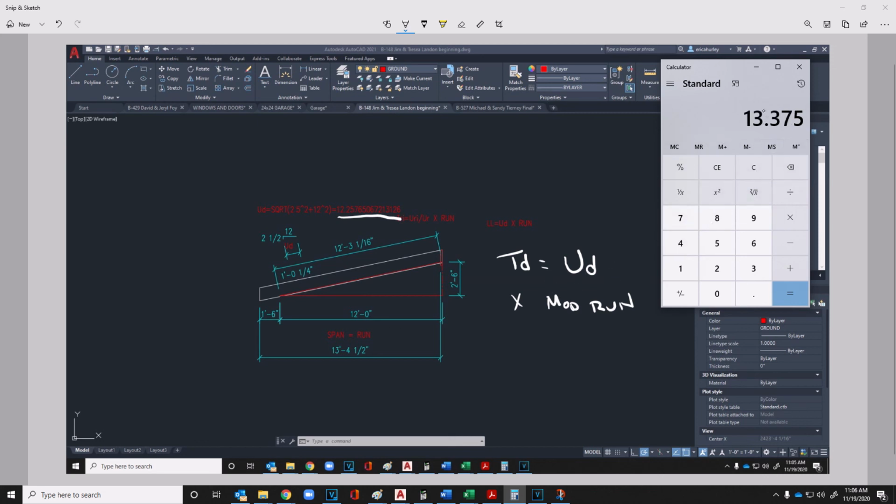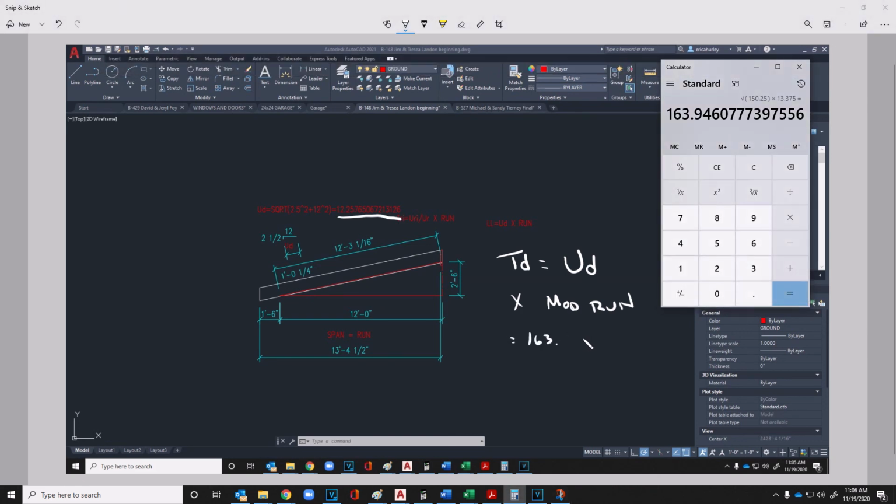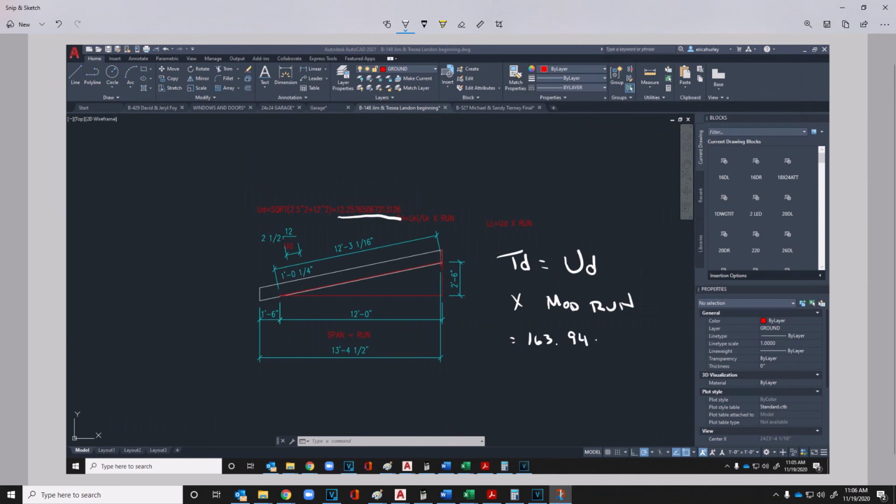All right, so I'm going to take that. Now I have to put in this long number. Okay, so let's go back and put this number in. 2.5 squared plus 12 squared, square root, which gives us that number, times memory recall equals 163.94 inches. Now I need to work this out for feet and inches.